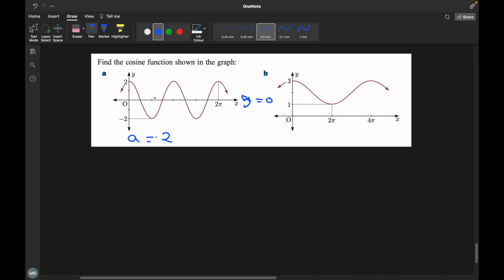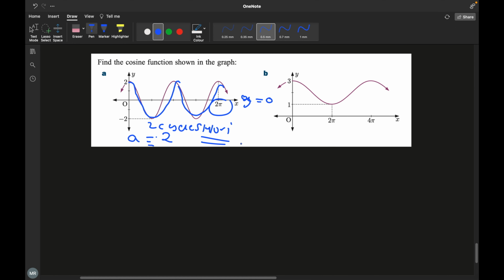Alright, so now that we've established that, we can clearly see that there is no translation. There's no vertical translation or horizontal translation, although you don't need to know the horizontal translation. Anyways, we can see that it completes two cycles from 0 to 2 pi.